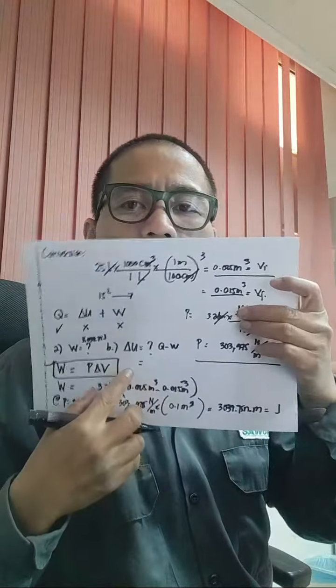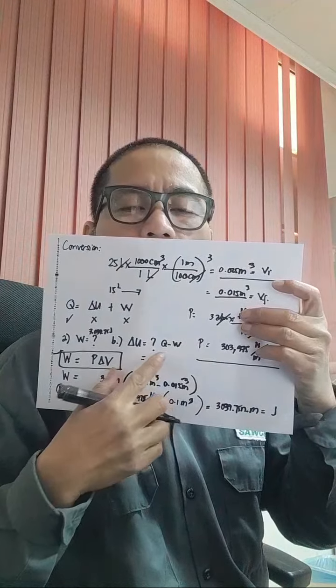In this equation, delta U equals Q minus W, so substitute the Q: negative 2,500 joules minus the work, which is 3,093.75.